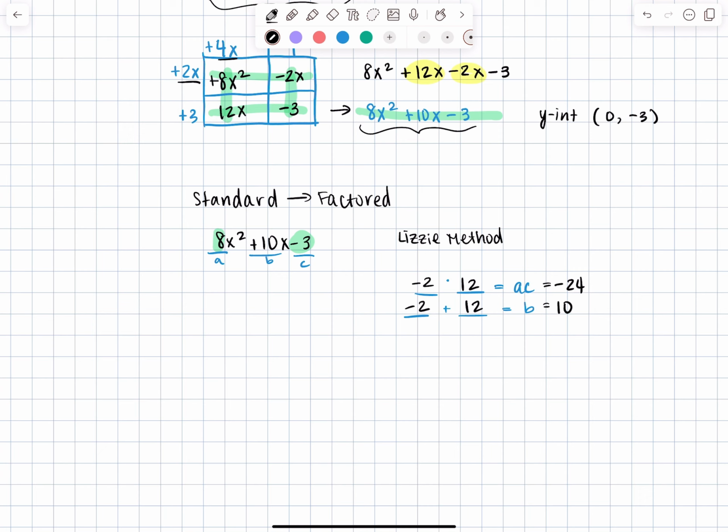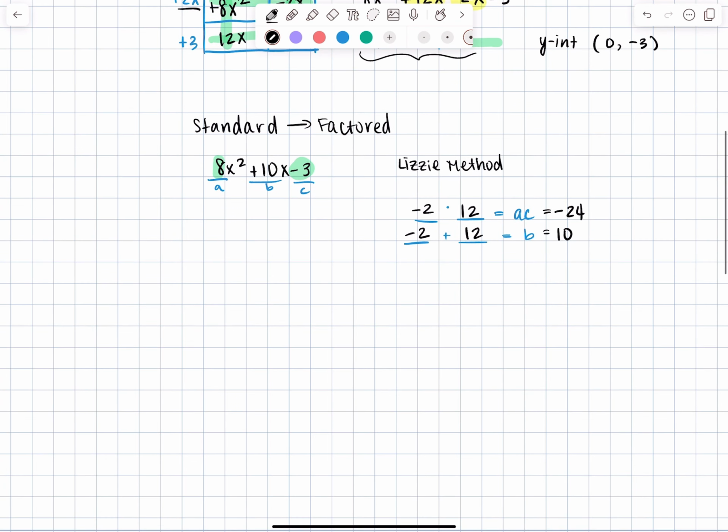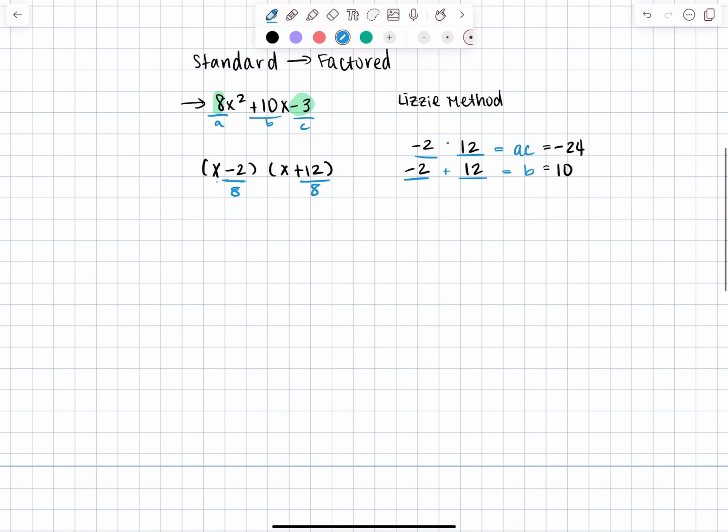Perfect. So now all you do is state x minus 2 times x plus 12. But we're not done yet because the leading number, or a value, is greater than 1. So we divide our p and q values by 8. If it doesn't divide evenly, first we simplify.